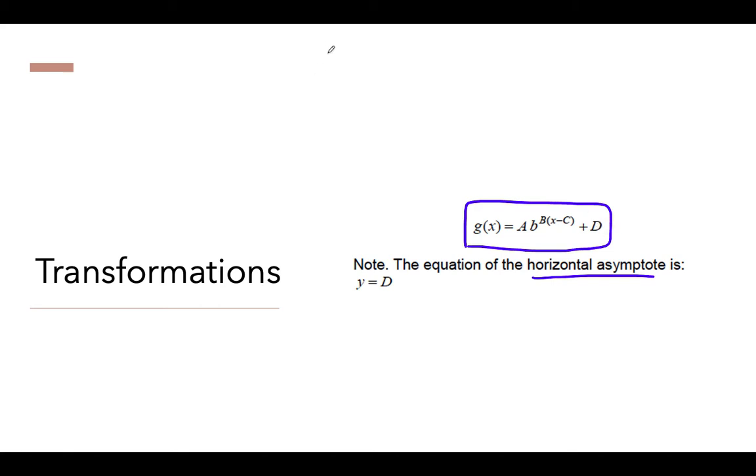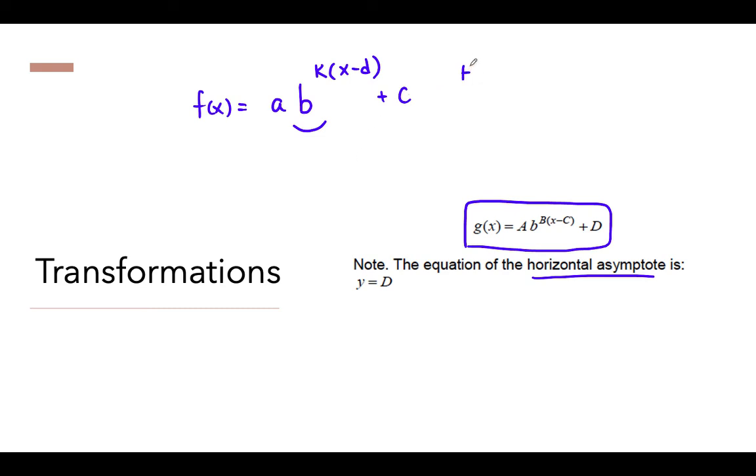Now, if I want to write it in a different method, it's the same thing. So let's say f(x) is equal to a b^(k(x minus d)) plus c. I'm just using different letters so you can be familiar with writing down characteristics. So as you can see, b is going to be my base, the base that defines what exponential function it's going to be.